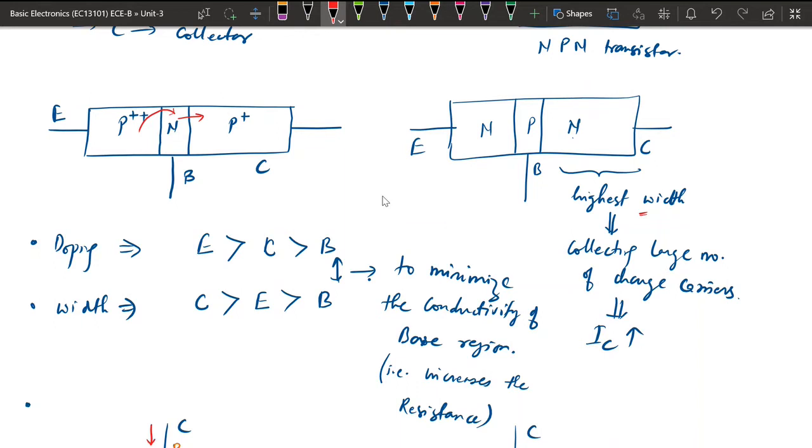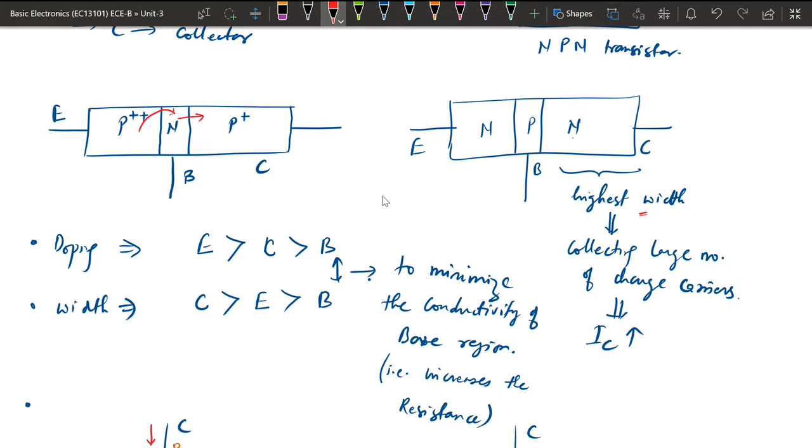Similarly, the emitter region is smaller than the collector region width, and the base is made the lowest among all, so that there is less recombination and fewer charge carriers available, constituting less current. The base current should be as low as possible.